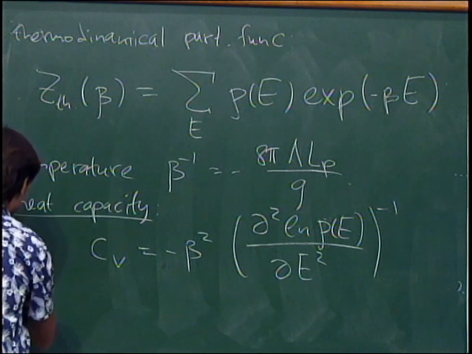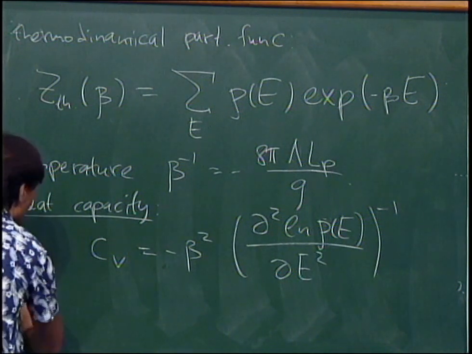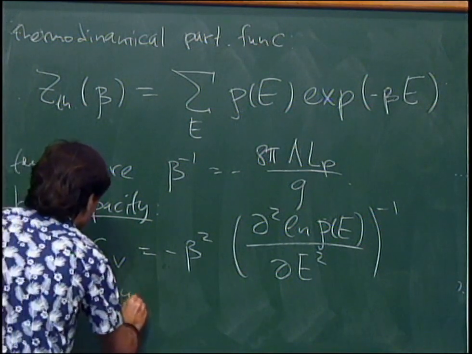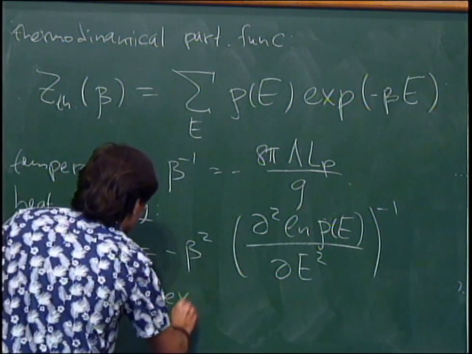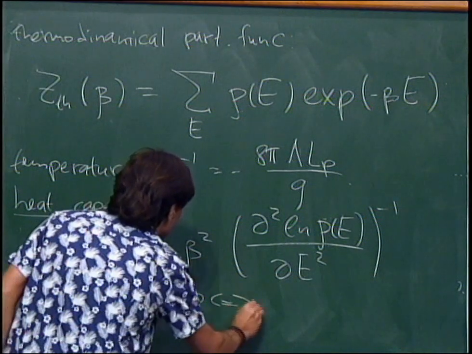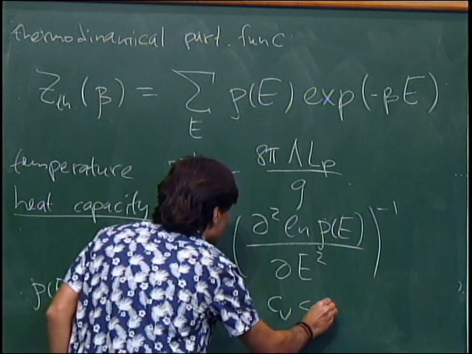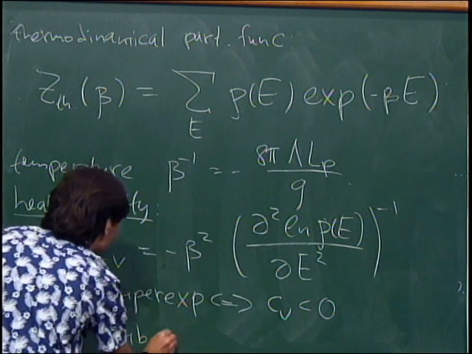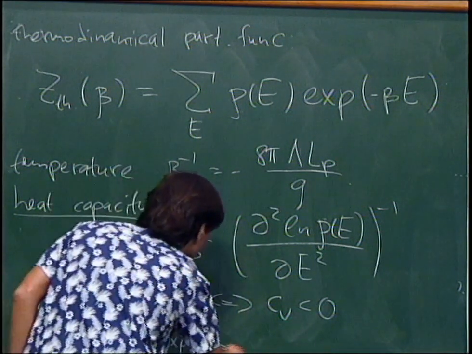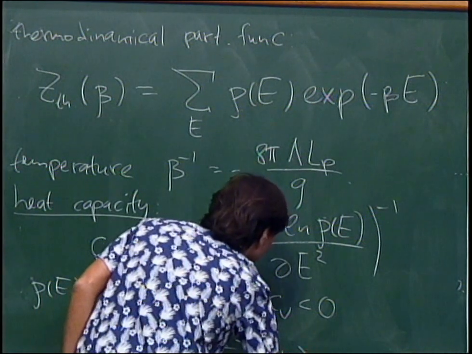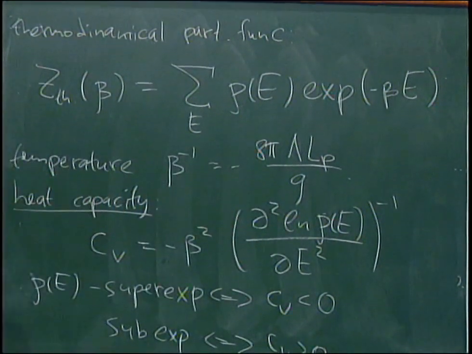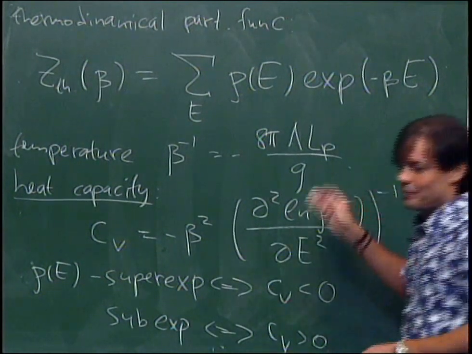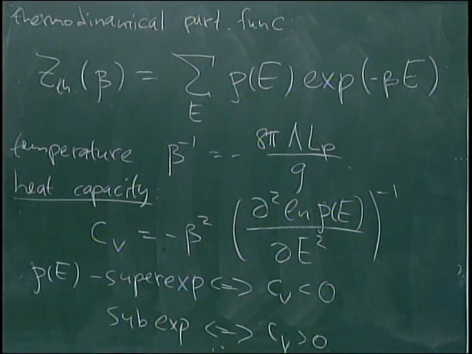So rho of E is super-exponential if and only if heat capacity is negative, and sub-exponential if it's positive.